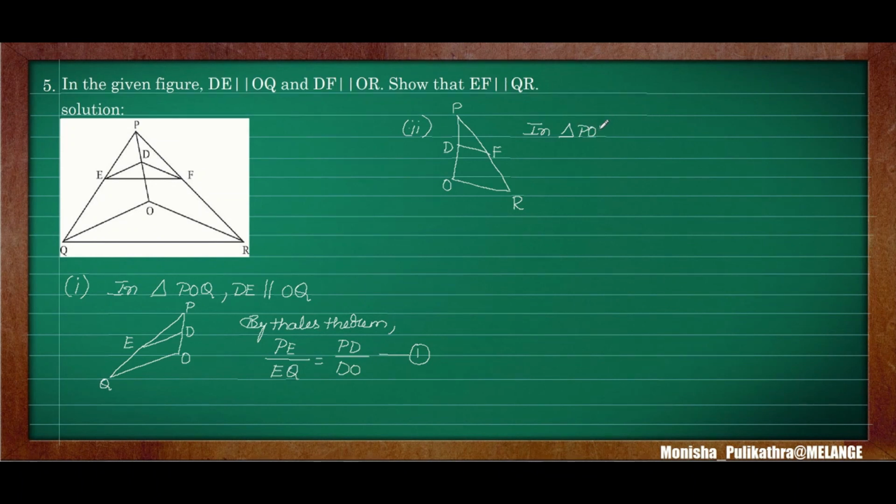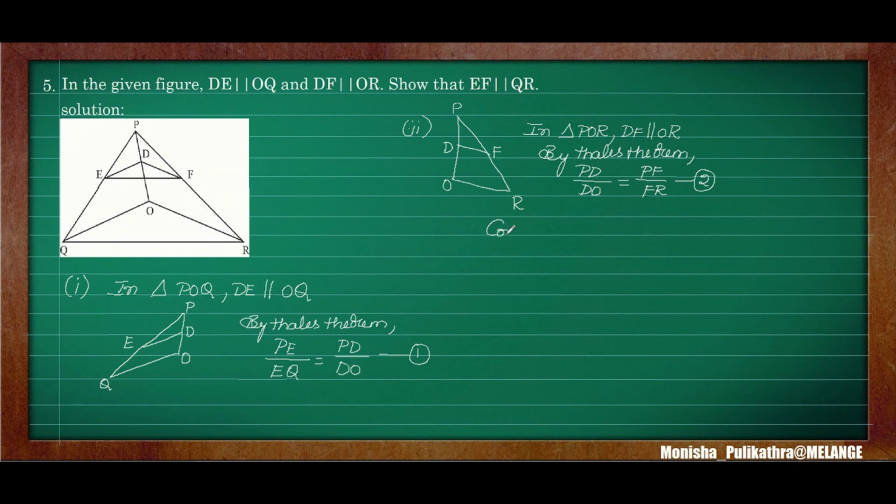So in triangle POR, DF is parallel to OR. Again by Thales theorem, what happens? PD by DO is equal to PF by FR. Let this be equation number 2.